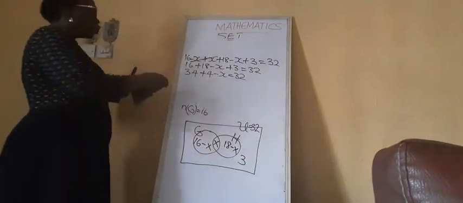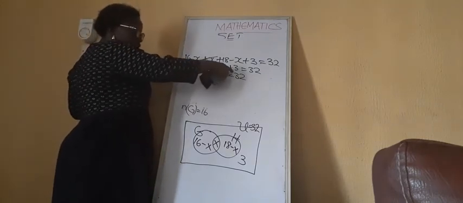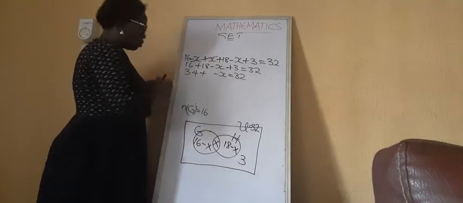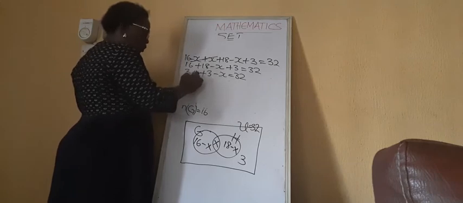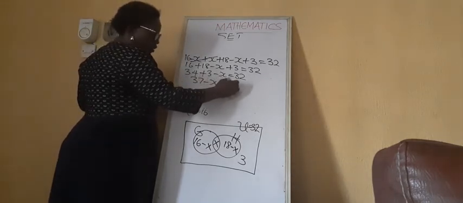Yes, so 16 plus 18 is 34. It's 3 that is here, not 4, sorry. So you change it to 3. So when you add this and this, you obtain 37 minus X is equal to 32.